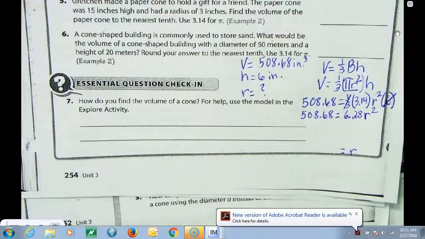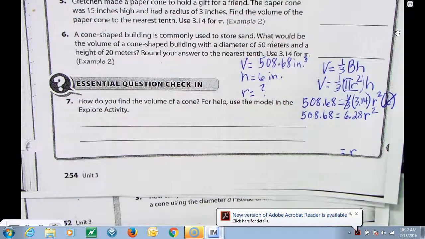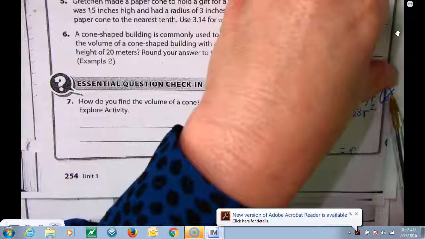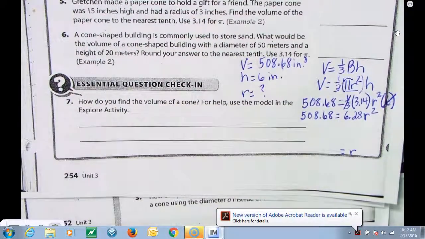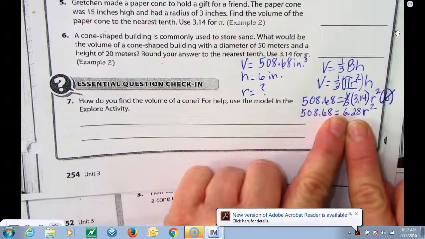I haven't gotten rid of my radius squared. I don't want to get rid of radius squared. I want my r down there by itself. I'm trying to get rid of everything besides r. So I've got to multiply what I can. If you didn't understand what I just did, you would have to go 3.14 times 6 divided by 3, and you get the same thing I got.